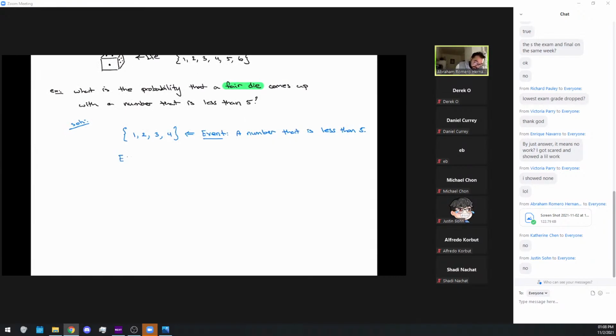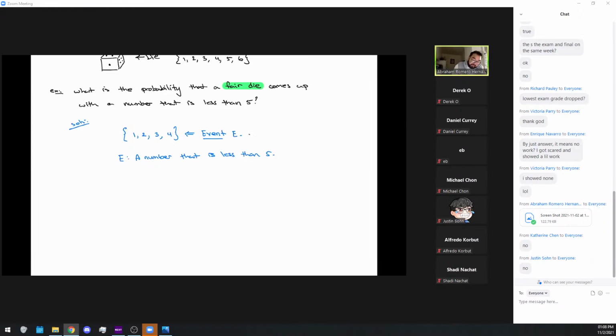So let's say capital letter E. And this represents a number that is less than 5. Actually, let me write it like this now. Event E. Okay, that's what an event is in this scenario: our event is a number that is less than 5.